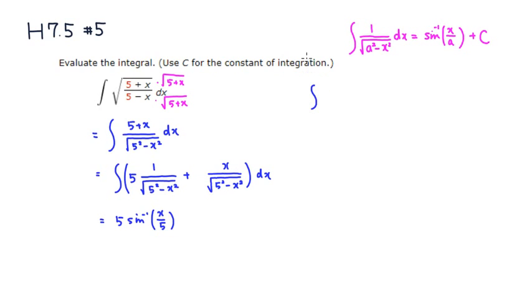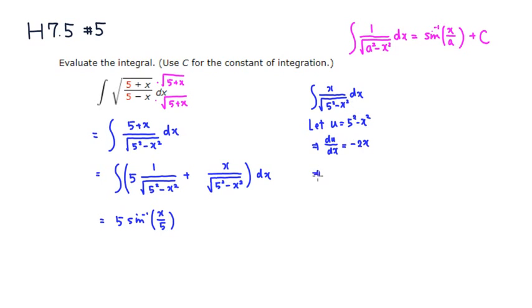If you want to evaluate x over the square root of 5 squared minus x squared with respect to x, I'm going to do a substitution. I'm going to let u be 5 squared minus x squared. Then the derivative of u with respect to x is negative 2x.